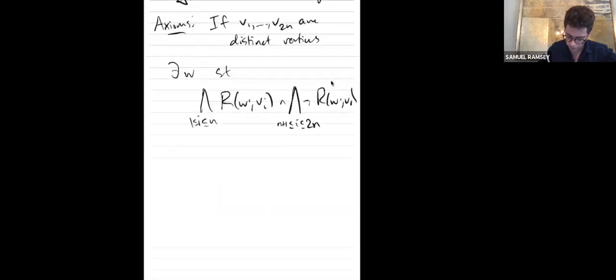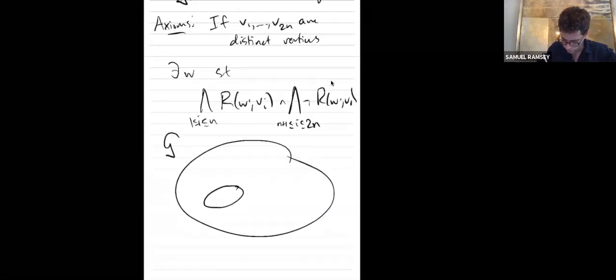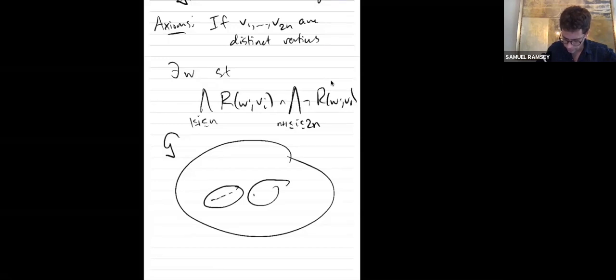So you have some graph G, and whenever I take two finite sets, some vertices here and some vertices here, I can find a vertex which connects to all of these and to none of these.